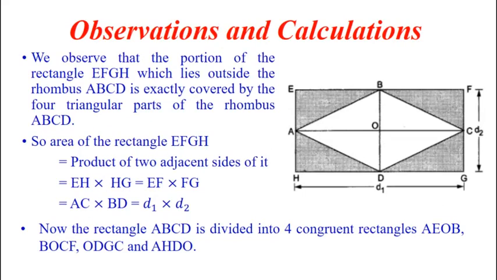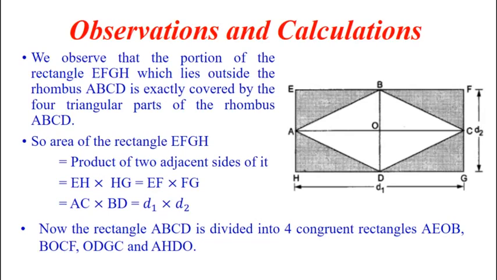Then observations and calculations. We observe that the portion of the rectangle EFGH which lies outside the rhombus ABCD is exactly covered by the four triangular parts of the rhombus ABCD.